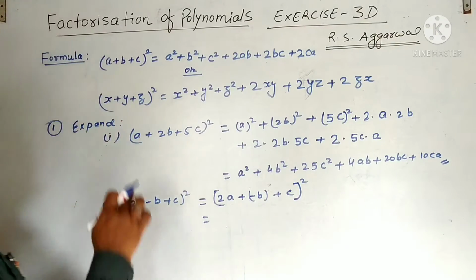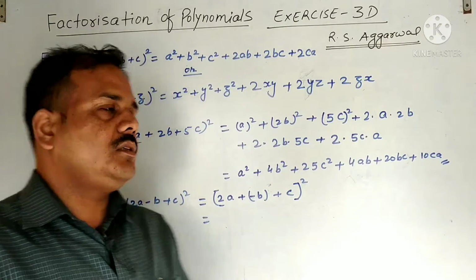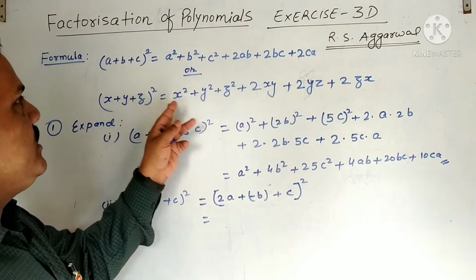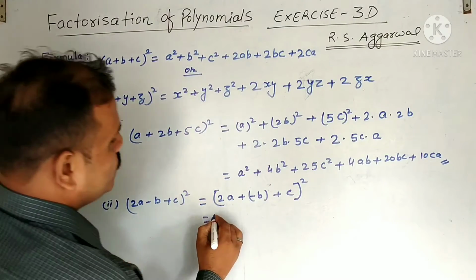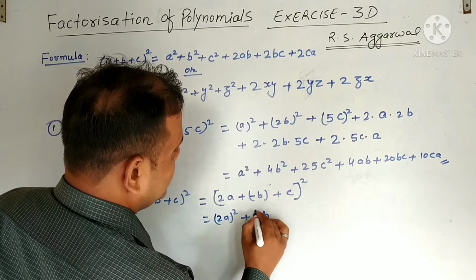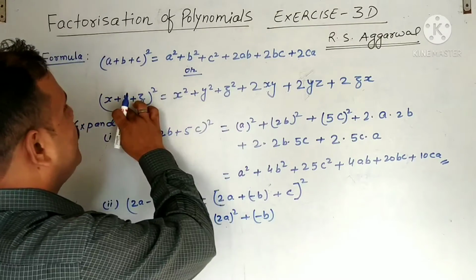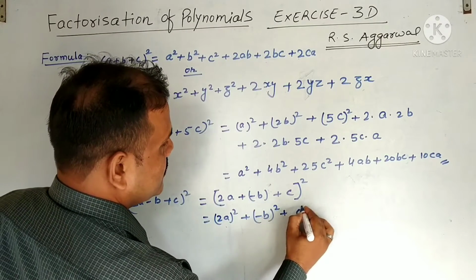After that we will arrange in this form, because it is abc. If you have confusion, you can take xyz; if you don't have a problem, go through that one, both are the same. So (2a) square plus, in place of y, minus b, so b square, plus c square.